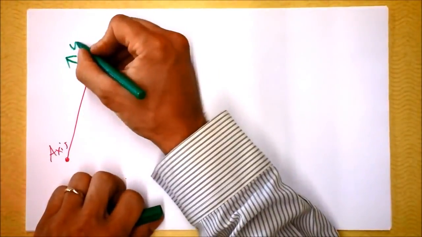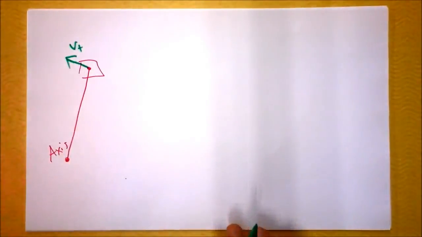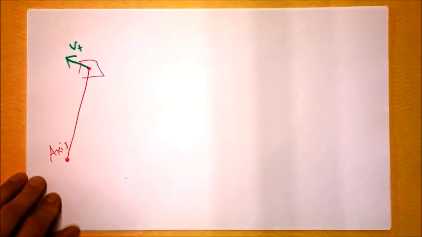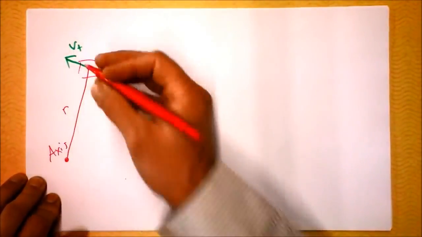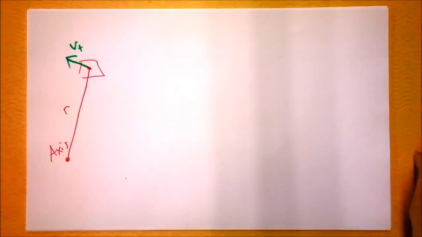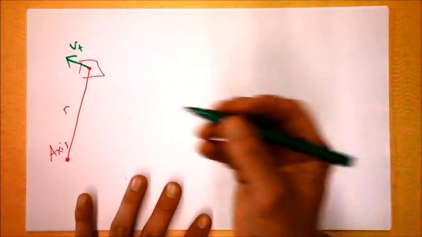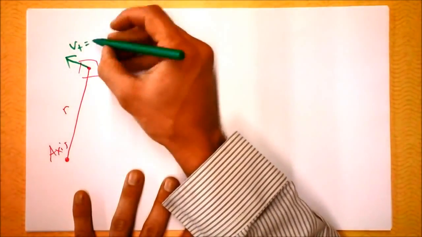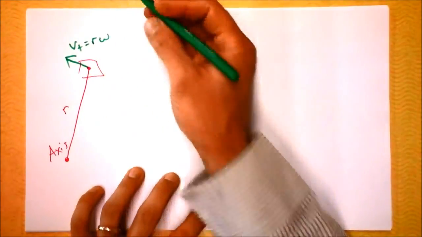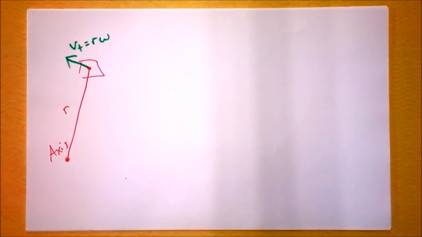Of course, the tangential speed's always going to be normal to the axis of rotation. And we're probably going to label this distance here r, and the speed, what is the speed? I guess it's going to be r times omega. Hope all that stuff is okay with you.